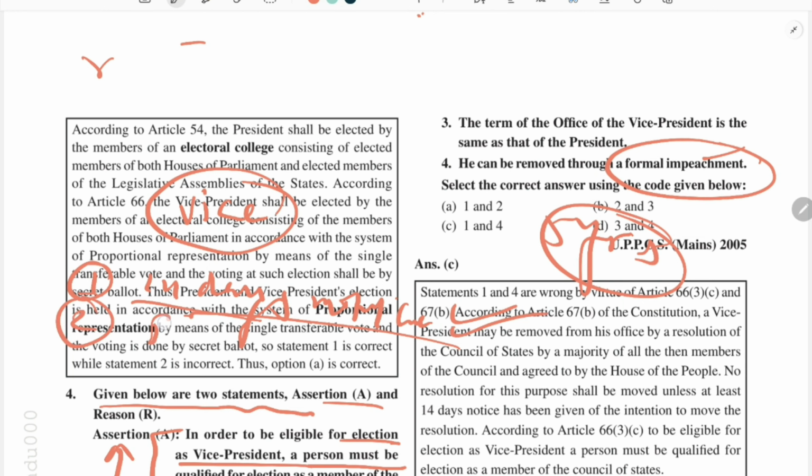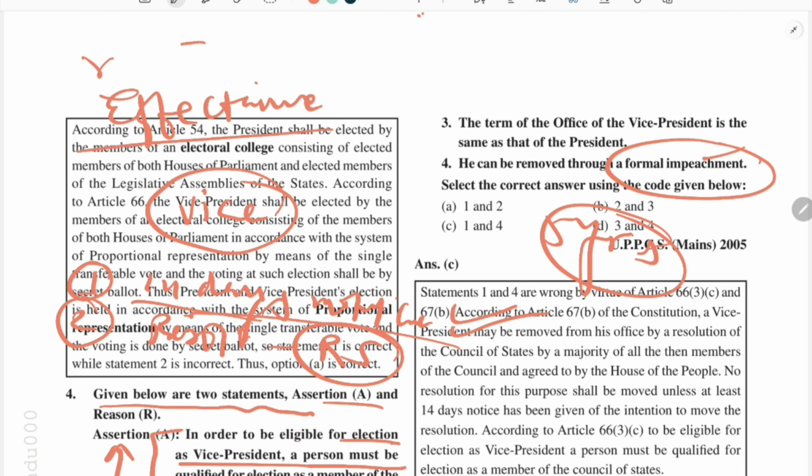Second, a resolution must be passed in Rajya Sabha, as he is the ex officio chairman of Rajya Sabha and has a vital role in Rajya Sabha proceedings. So the resolution of his removal can be passed first in Rajya Sabha only, not Lok Sabha, and that resolution has to be passed through an effective majority.